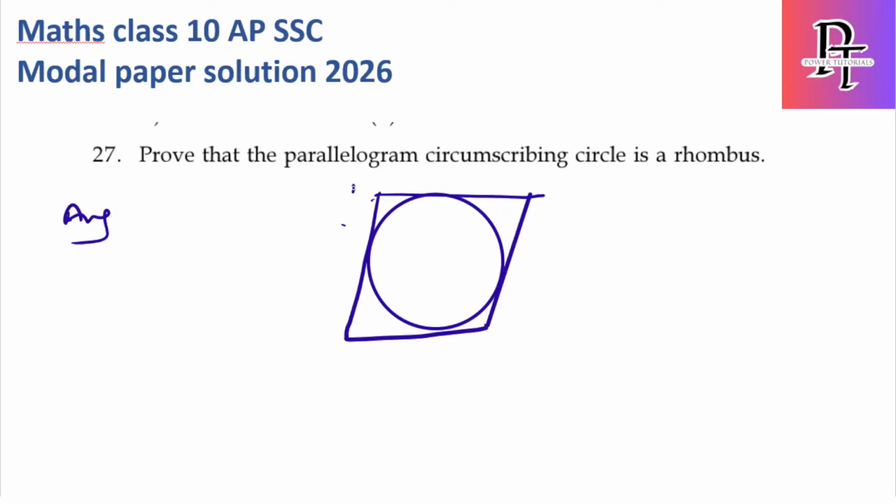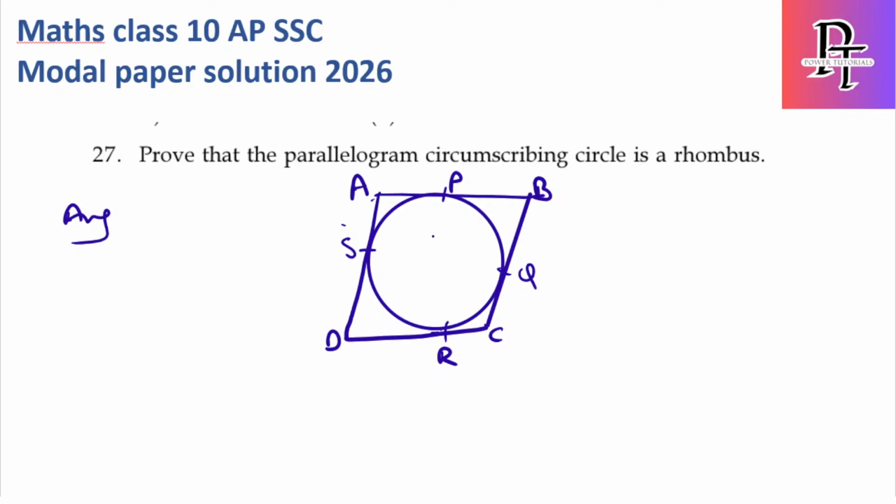Mark the sides A, B, C, and D. I'm marking the other points, which are P, Q, R, and S, the points on the circle.